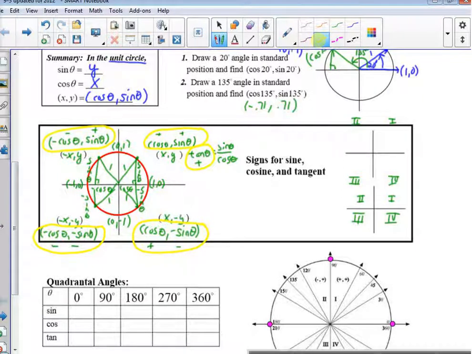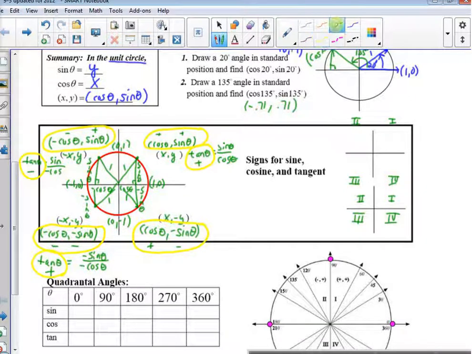In quadrant 2, tan would be a positive sine over a negative cos. So tan would be negative. In quadrant 3, tan would be a negative sine over a negative cos, and a negative divided by a negative is positive.